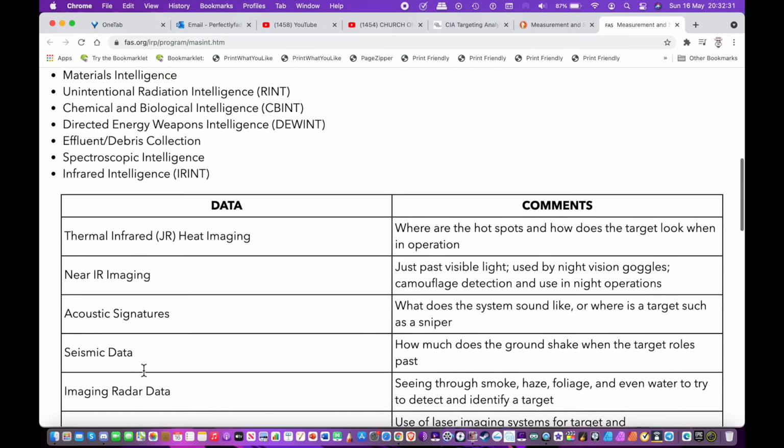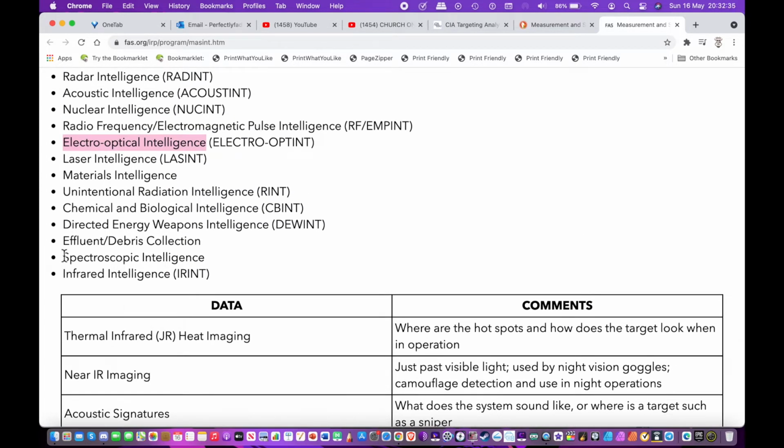Okay. So, first, actually, let's go into effluent. No, not that one. Sorry. Spectroscopic intelligence.